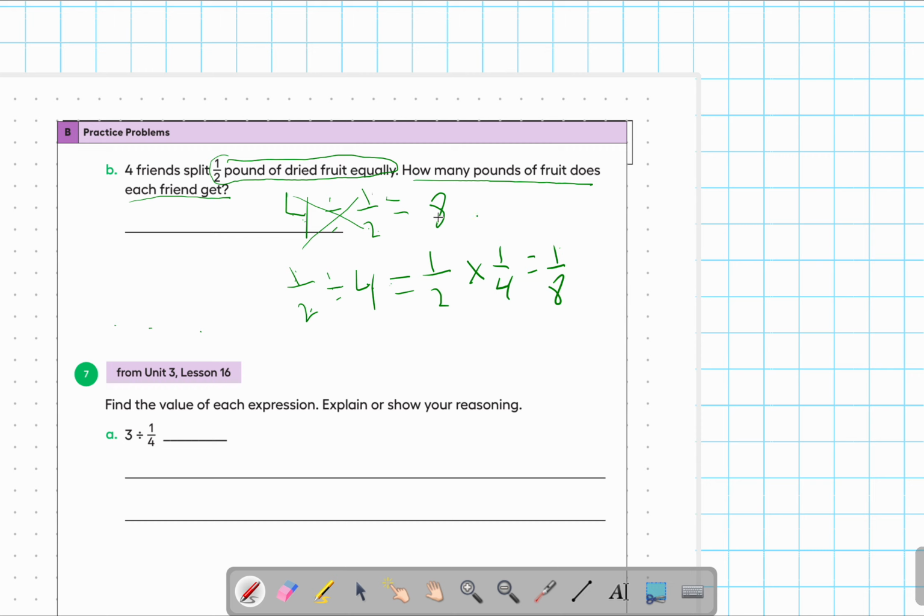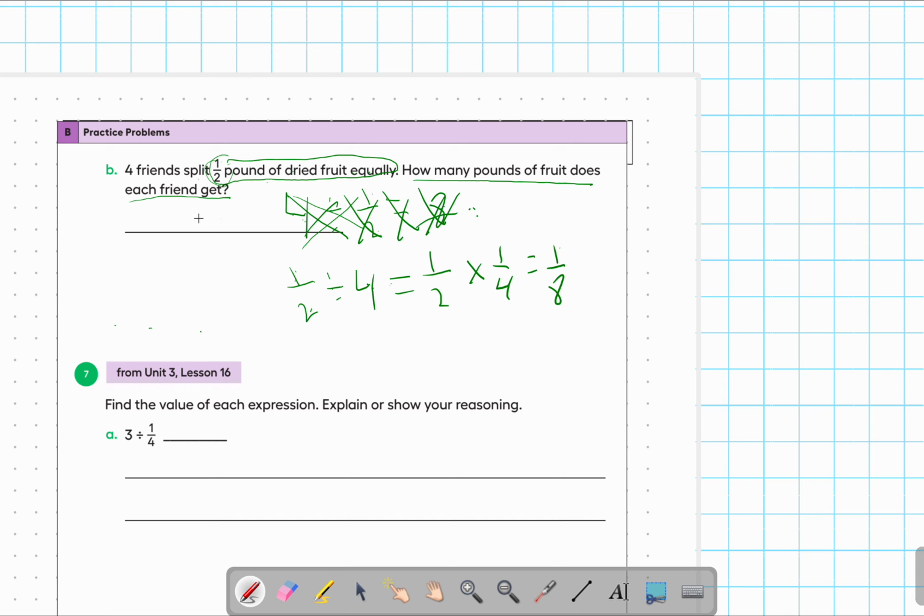Does that make sense? 4 friends split 1/2 pound of fruit equally. How is each one going to get 8 pounds of fruit if they're sharing 1/2 pound? So this doesn't make any sense. It's completely wrong, so we cannot use this.